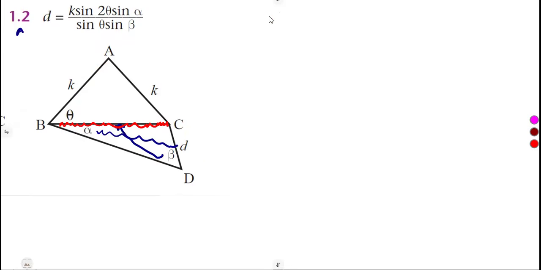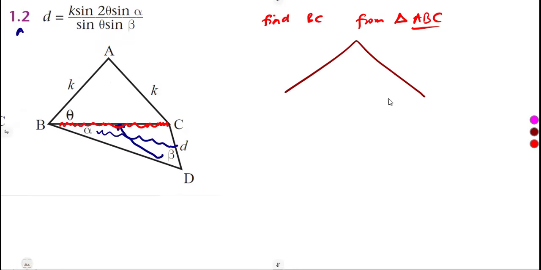All right. So let us first find BC from triangle ABC. This one is just like the previous question. Triangle ABC is an isosceles triangle. The reason being side K and K, same symbols. It simply means it's just like we're given 5 and this is 5, this is 6, this is 6.